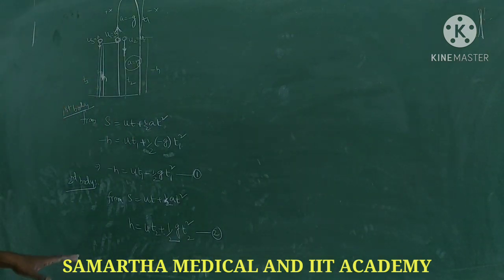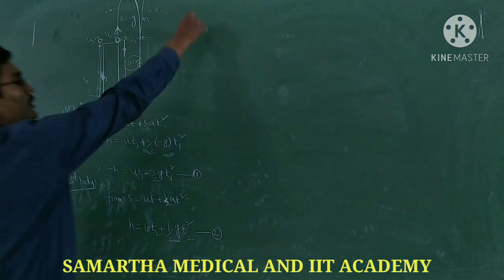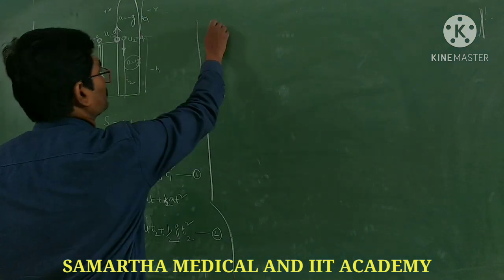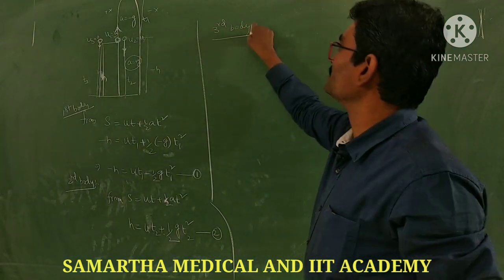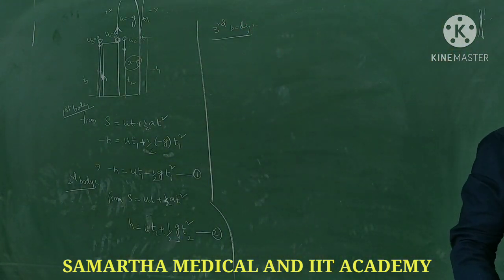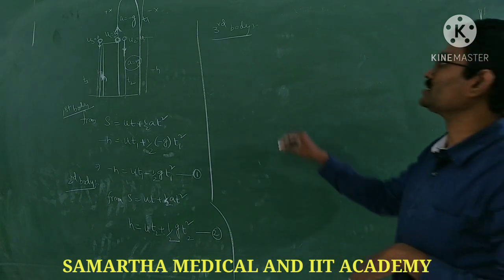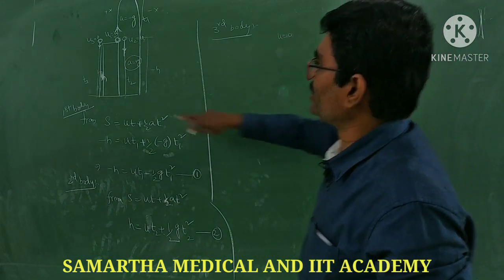Clear? Next, go to the third body. For the third body, the body is dropped down, so u is equal to 0 for this body.